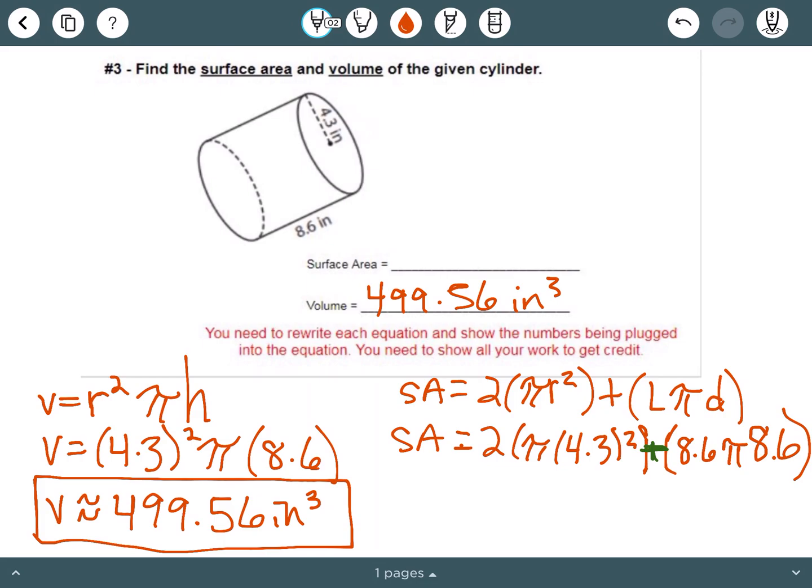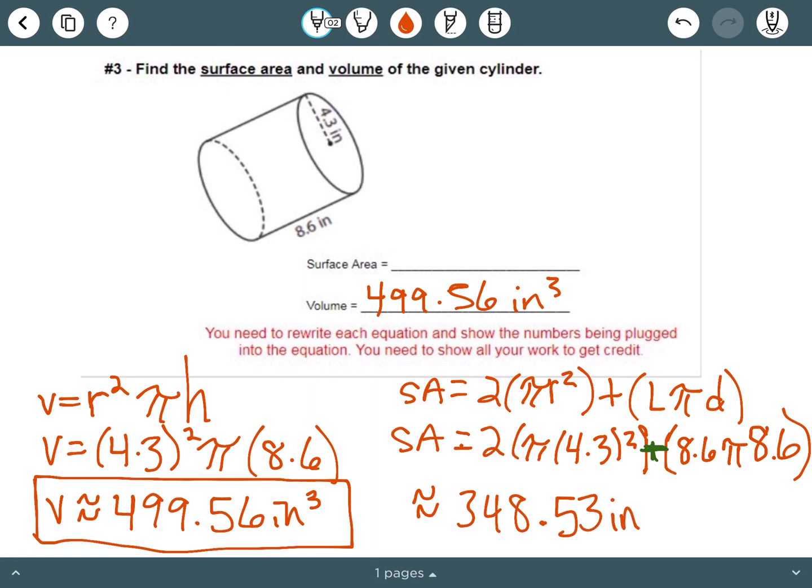Okay, when I do that, I get 348.528289. If we are rounding to the nearest hundredth, that's going to give us approximately 348.53. Let's not forget our label.